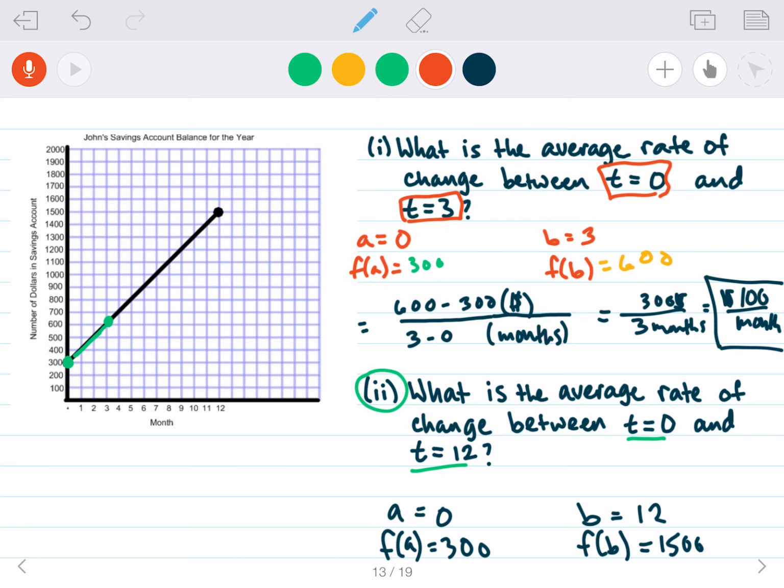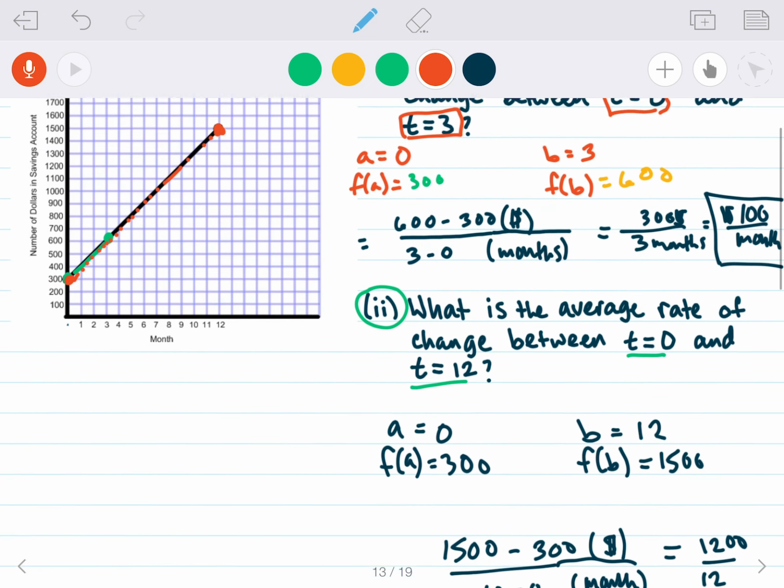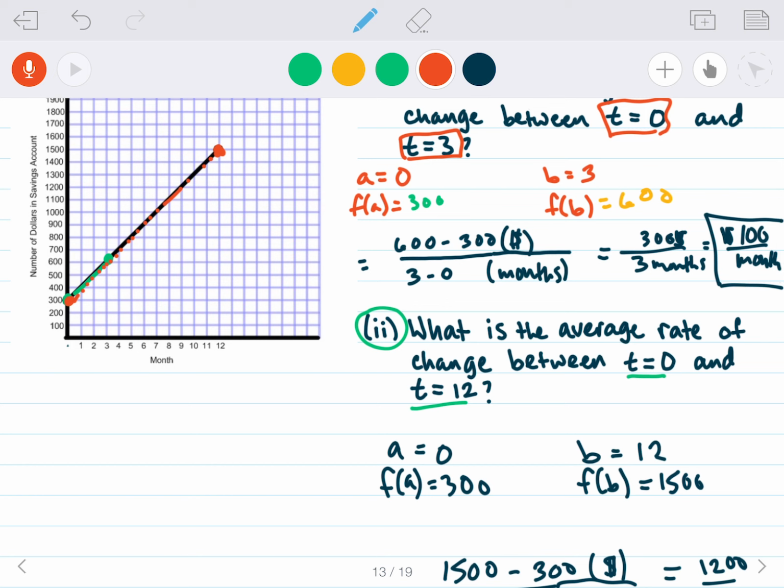The second scenario, we went from t equals 0 to t equals 12, and the steepness stays the same, right? It doesn't increase or decrease in steepness. So on average, this person saves $100 per month. He doesn't save any more, like the very first example we did, he's constantly saving $100 per month.